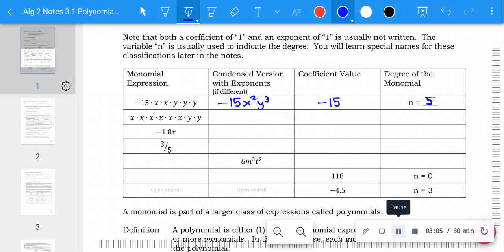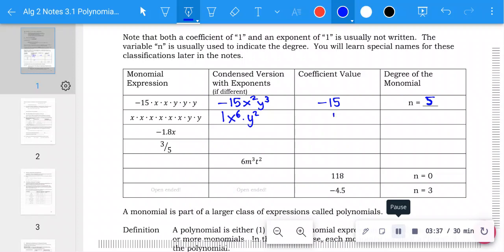Okay, in the next example, you can see all these multiplications here. That's what makes it a monomial, is all the multiplications. And there's 1, 2, 3, 4, 5, 6 x's. So that's going to be x to the sixth. And y to the second, you can see that there's y times y at the end there. And the coefficient is not shown, but you can always interpret it as being 1.